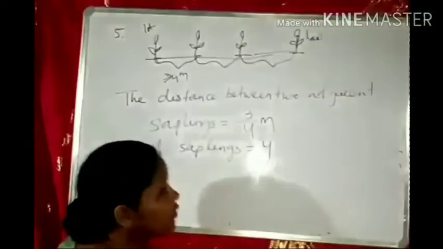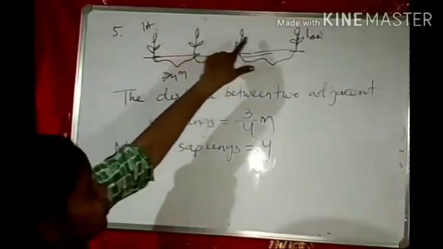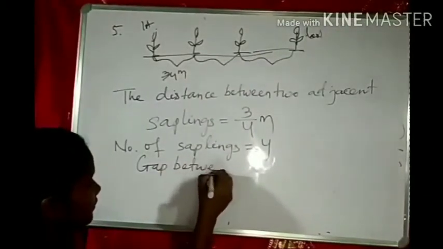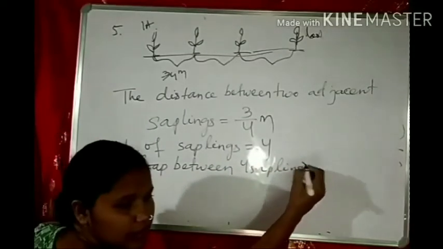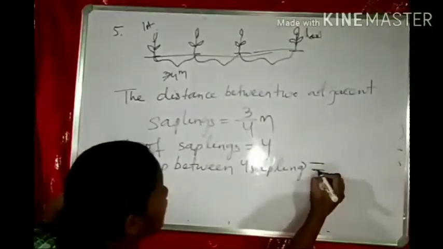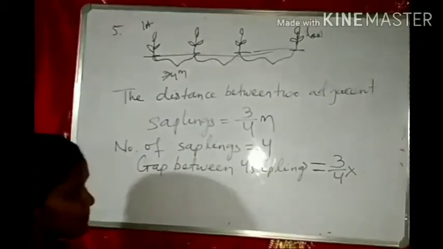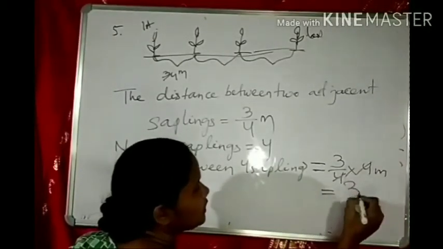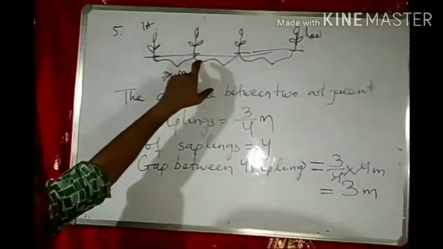Number of saplings is 4, but between 4 saplings, how much gap is there? 1, 2, 3. So gap between 4 saplings equal to 3 by 4 into 4 meter. So gap is how much? 3 meter. So we have found from here to here 3 meter.